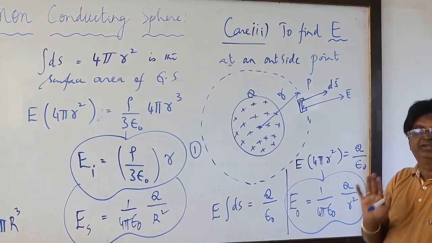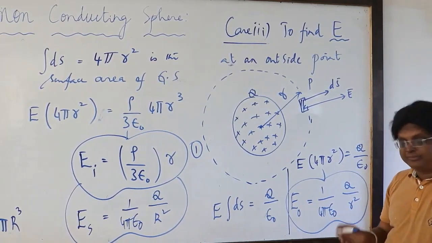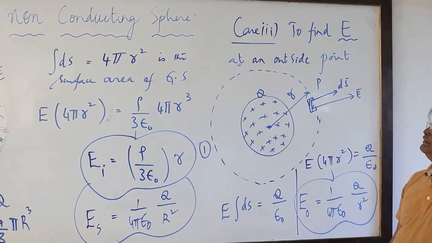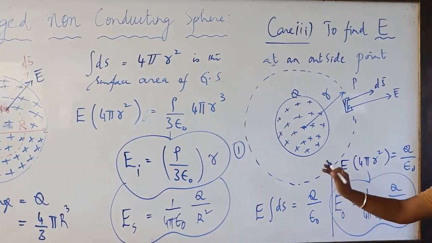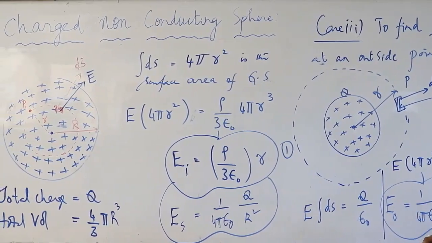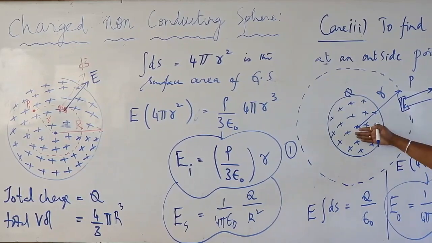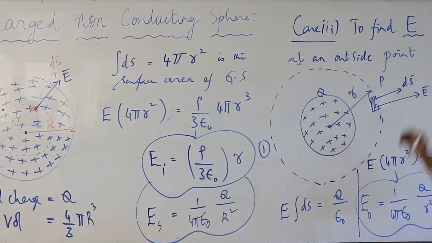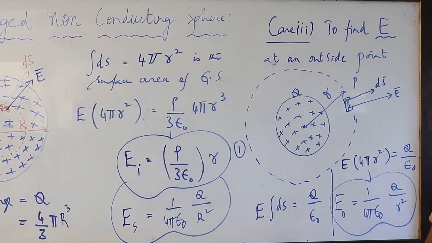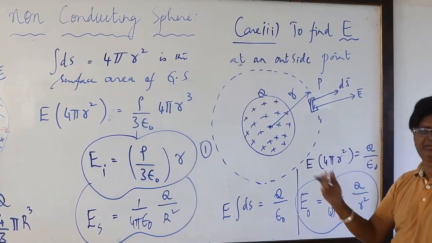No flux is present. Field 0 means flux is 0. Whereas in the case of a non-conducting sphere, there is a field inside the sphere. Field present means flux is also present. So flux is present inside and as well outside the sphere. In the case of a conducting sphere, flux is present only outside the sphere.